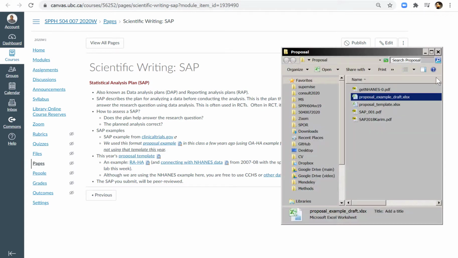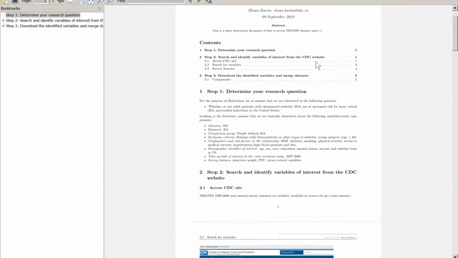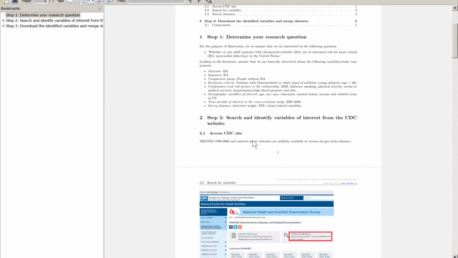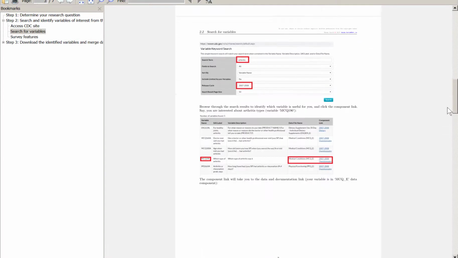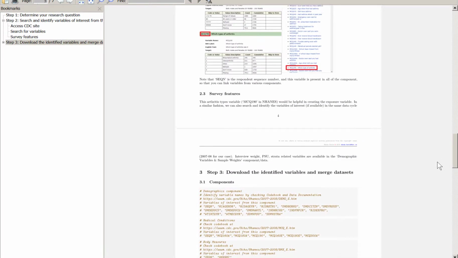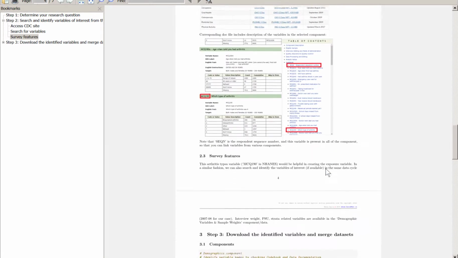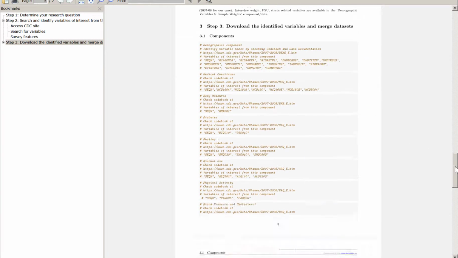So you can take a look at that enhanced example where I give some idea about what are the outcome, exposure, comparison group, and how I have accessed those variables from the enhanced website. And that's how I have determined all of the names of the variables and collected those names in my statistical analysis plan.